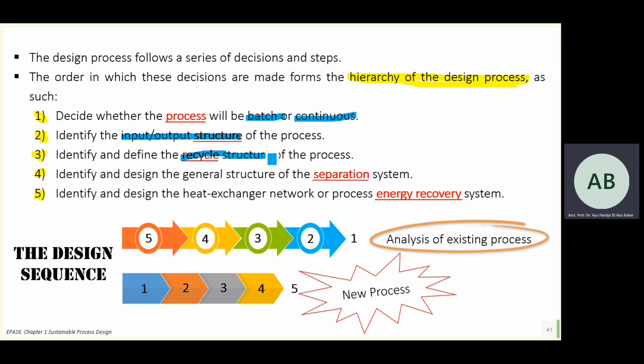Then identify and design the general structure of separation, before you go into the detailed design. Then comes the heat exchanger network or process energy recovery. Okay, so now we will go in detail step by step.